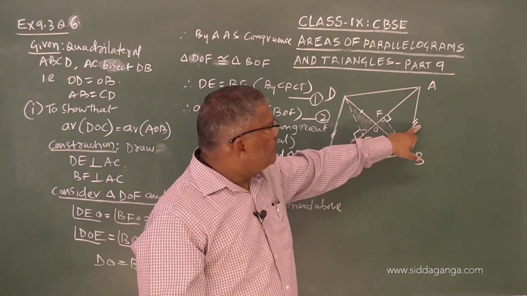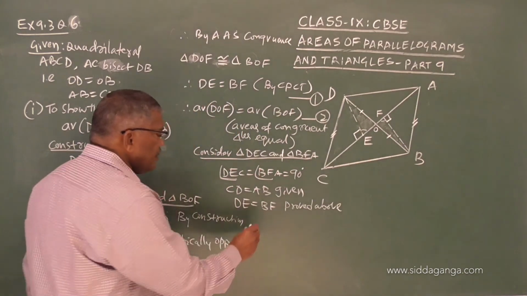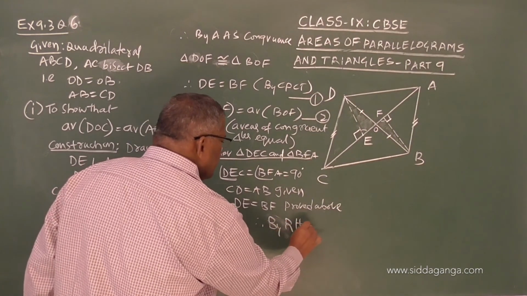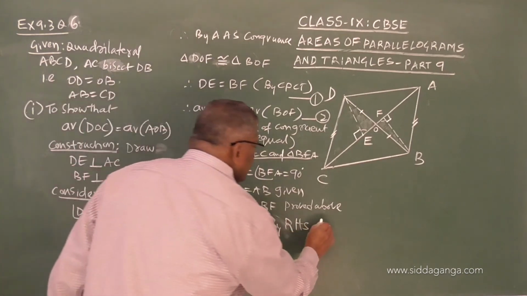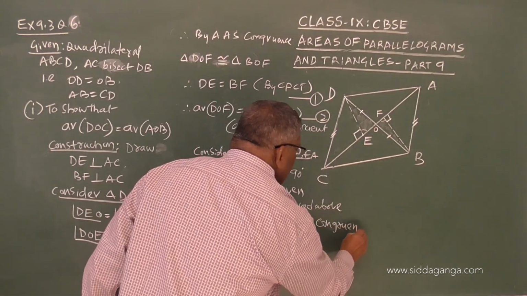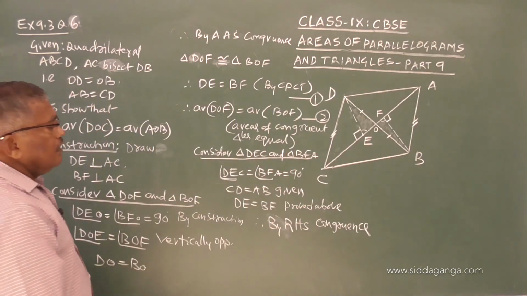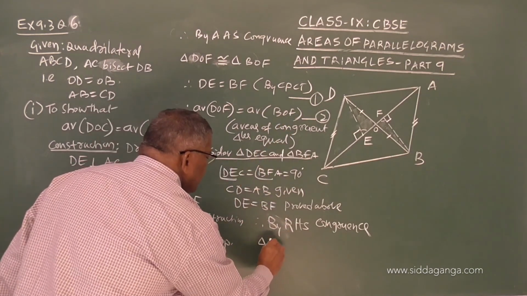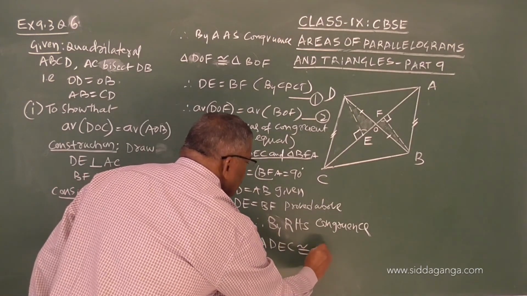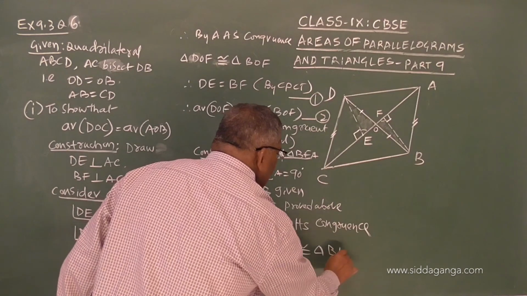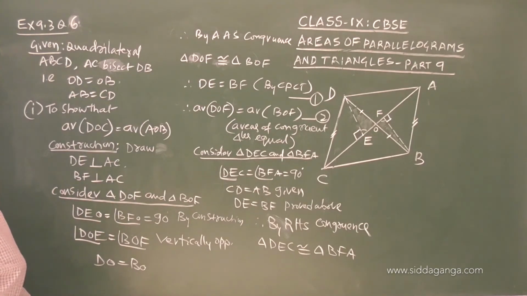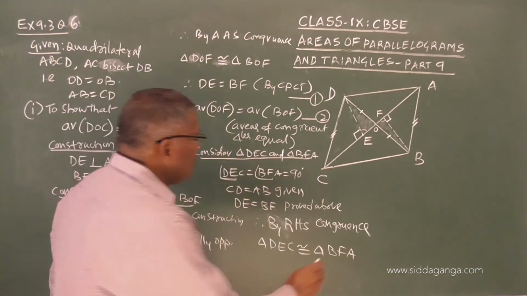Therefore, by RHS congruence, these two triangles, triangle DEC is congruent to triangle BFA. You can call this relation as 3.